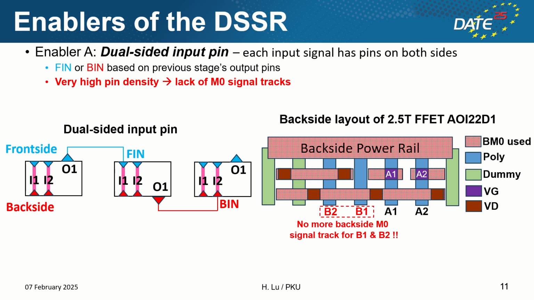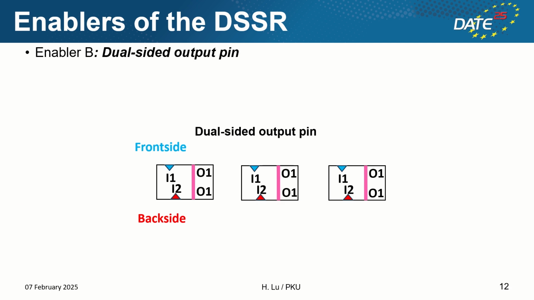For example, for the backside layout of the 2.5 track FlipFET AOI22D1 cell, there will be no BM0 signal track for B1's backside input pin or B2's backside input pin due to the BM0 blockage.